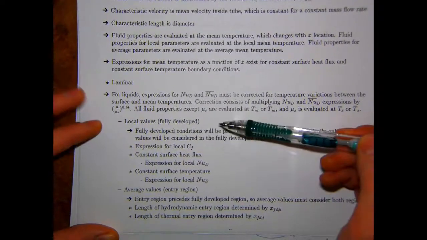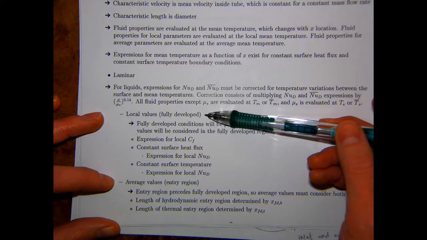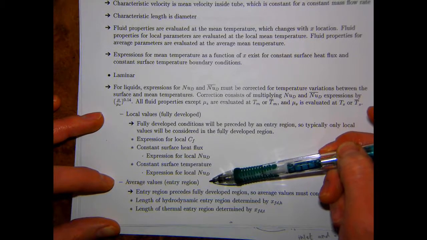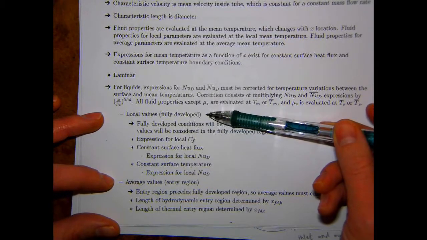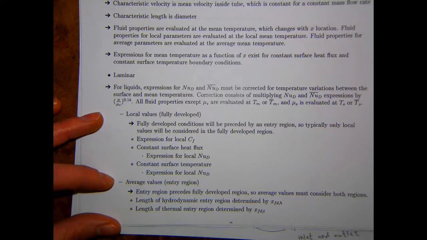For laminar flow, we have local values and average values, and those correspond to our fully developed or entry region. We only have expressions for local values in the fully developed region. That's because if you want an average value, the fully developed region is going to be preceded by an entry region, so you have to account for both of those areas.